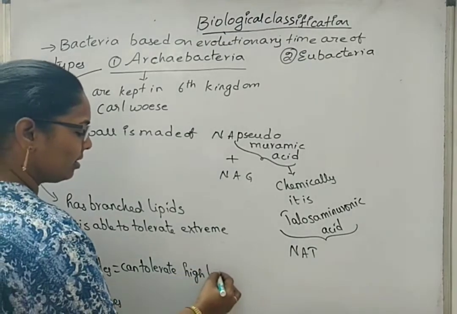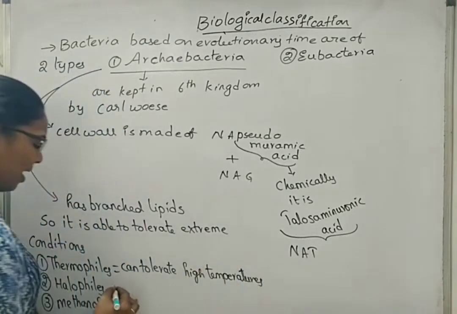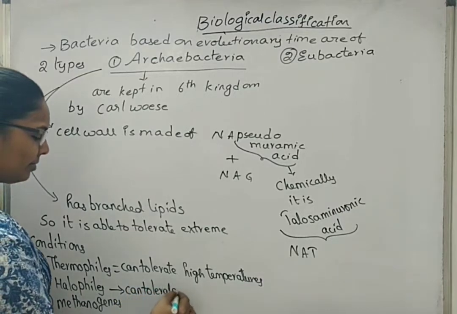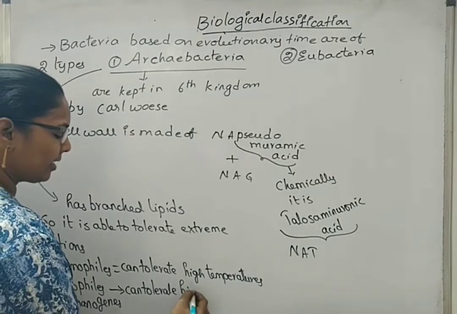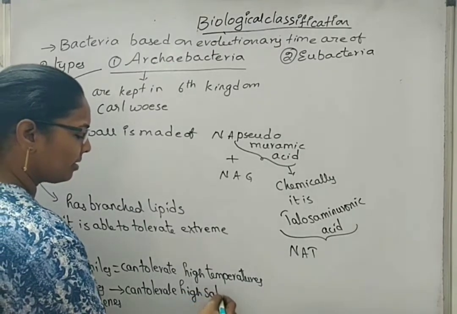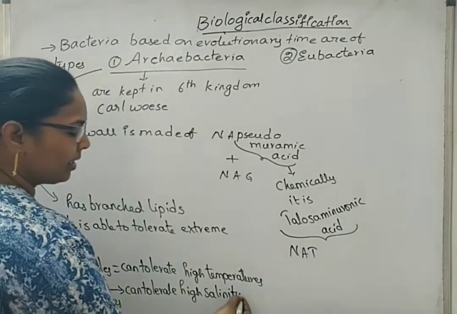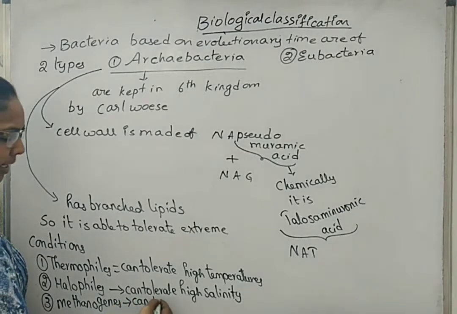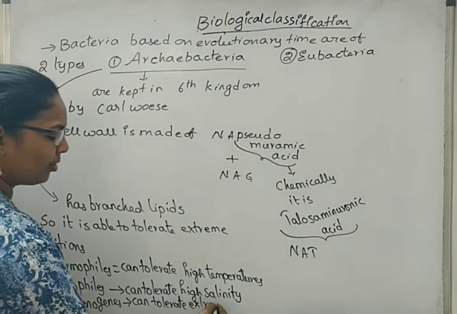Halophiles can tolerate high or normal salinity, meaning salt conditions. If water has more minerals or salts, even then archaebacteria can survive there. Methanogens can tolerate extreme anaerobic conditions.